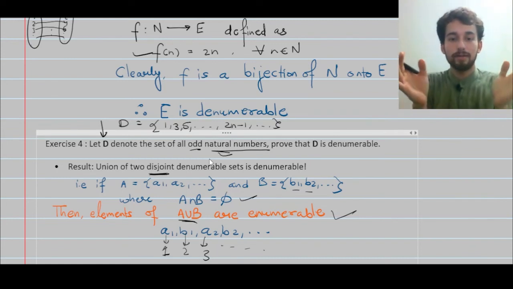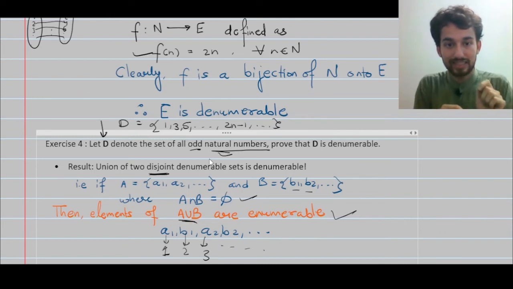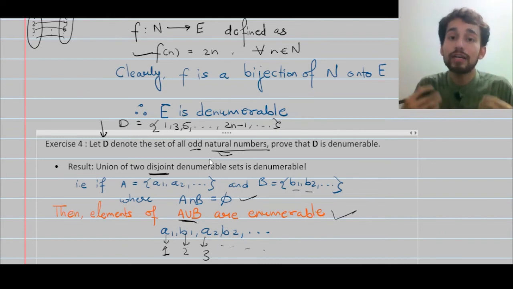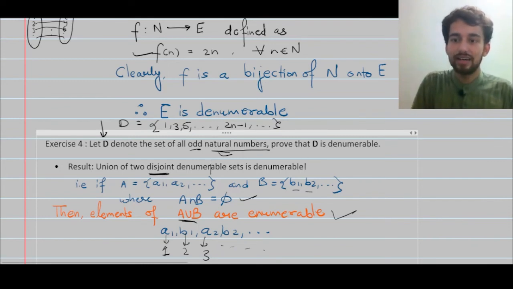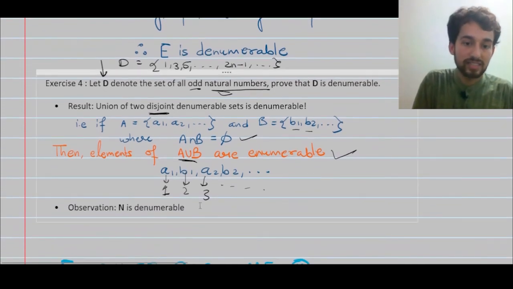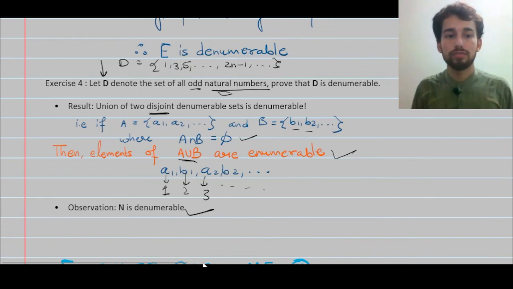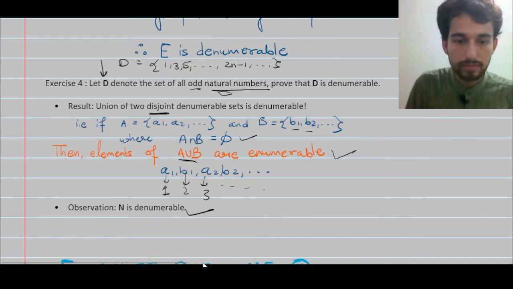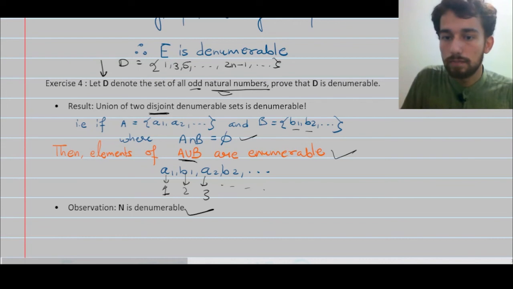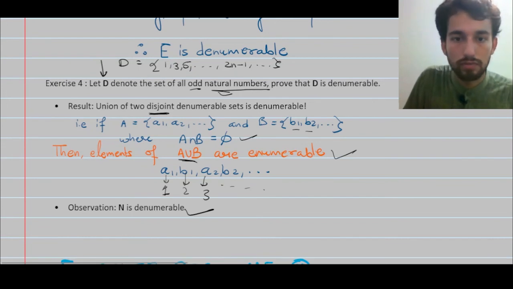So if I take their union using this result, then the resulting union is nothing but the set of natural numbers. So their union is denumerable, which is just what I have mentioned here. This is the observation which we found from the result. Okay, so it was a good result.